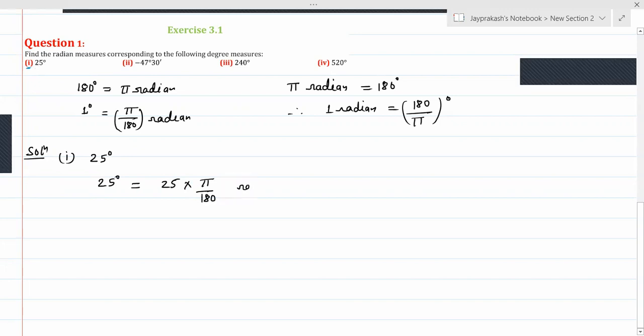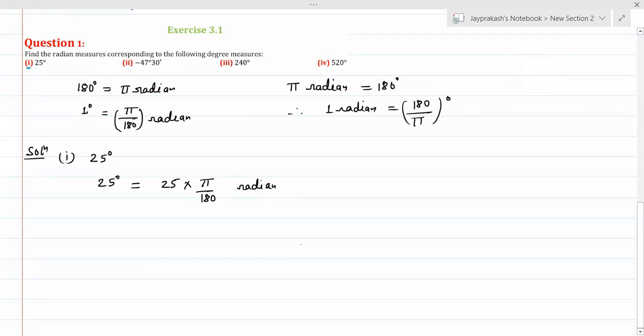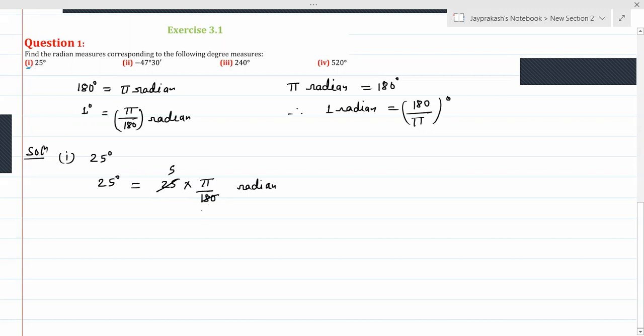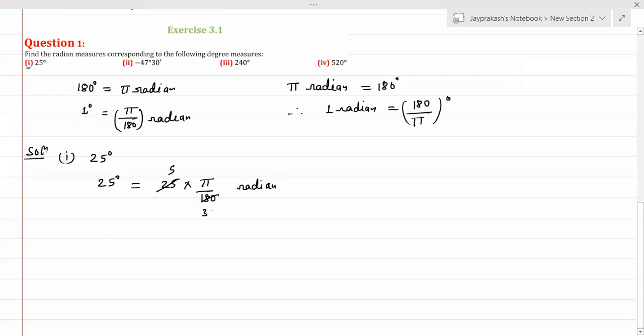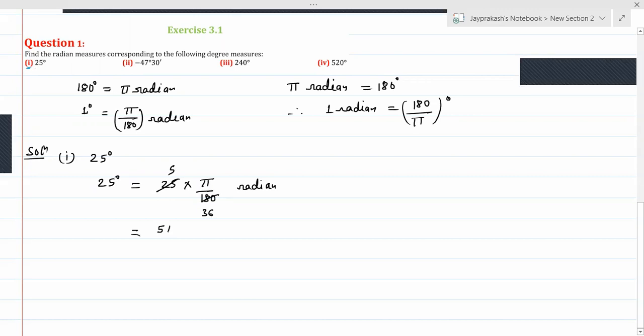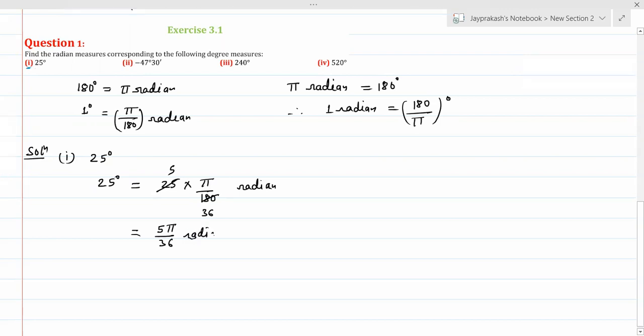So this will change to radian. 5 fives are 25, and on this side 5 threes are 15, 5 sixes are 30. Okay, so your final answer is 5 pi by 36 radian. No need to substitute the value of pi.